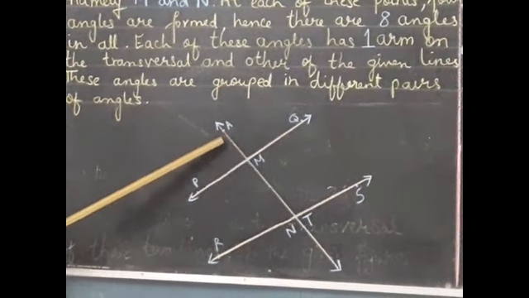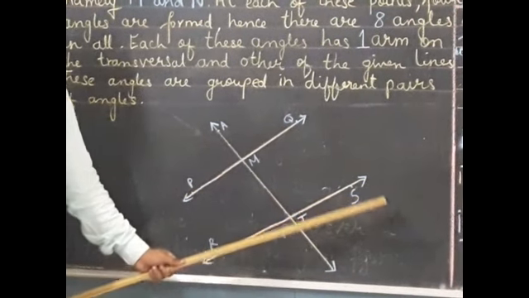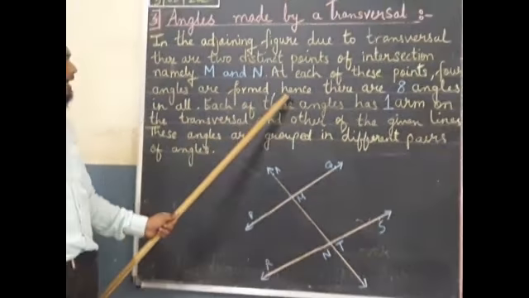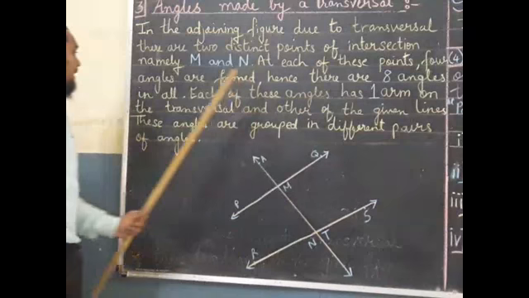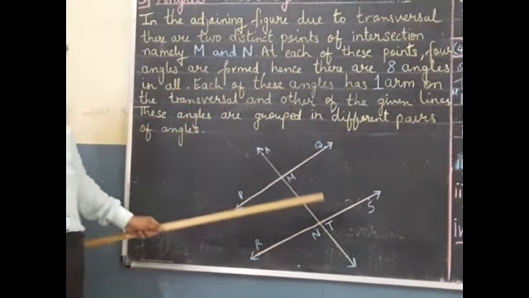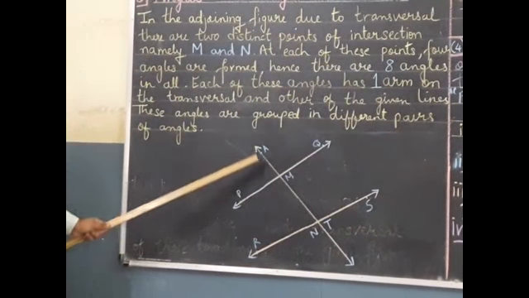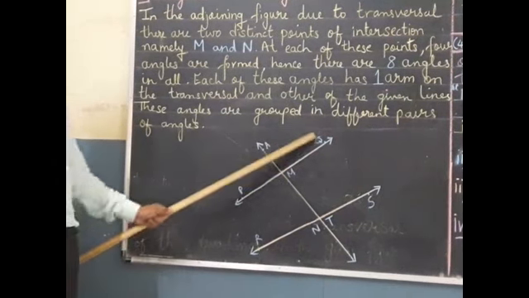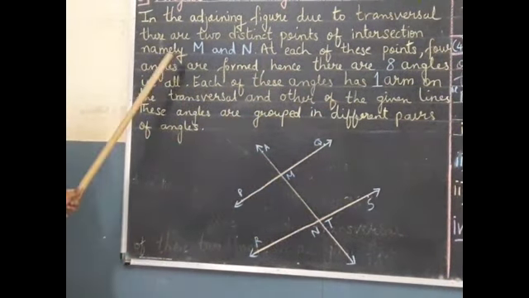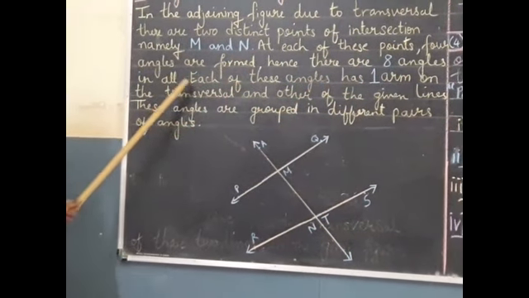On the upper side there are four angles, and on the lower side also four angles are formed. Hence, there are 8 angles in all. 1, 2, 3, 4, 5, 6, 7, 8.